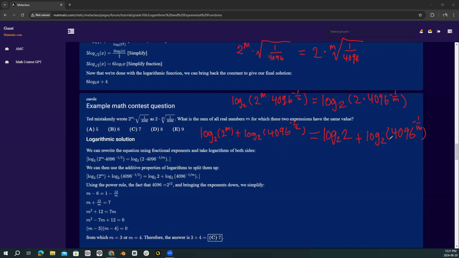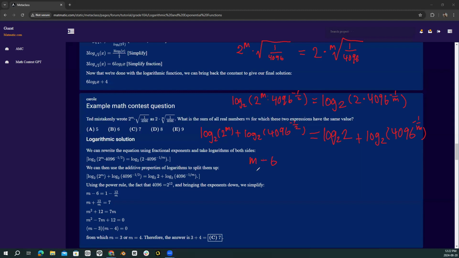So we can bring the exponents down, which would give us m minus 6, because this is now in exponential form, and you can't forget about this.